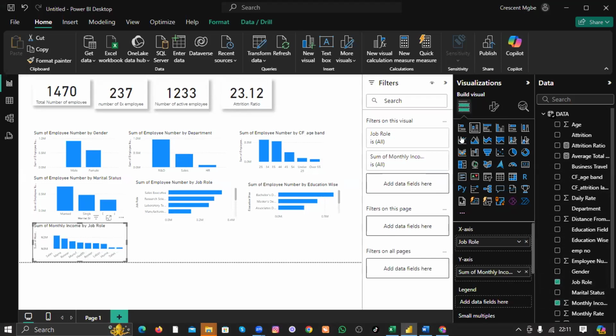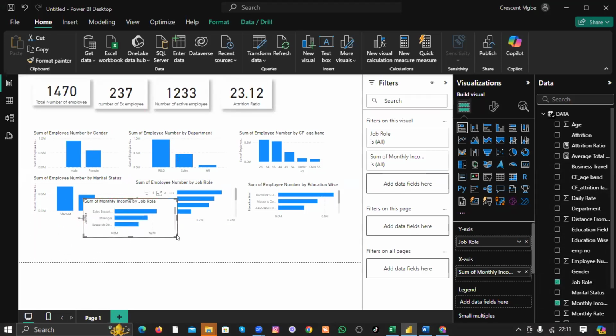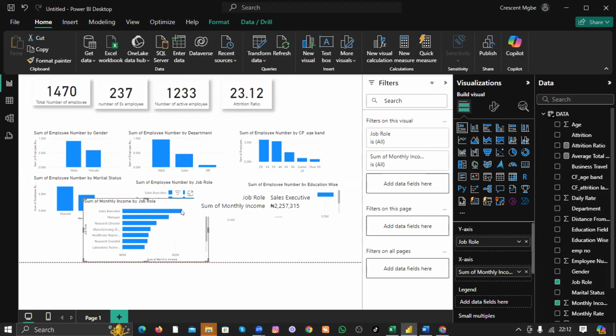So you can see, let's turn it to this one. You can now see that the sales executive earn highest. Which job role is earning higher salary in this year? They even earn more than managers, because sales are the people that bring money into the organization. So they are the people bringing money; definitely they should be earning more.